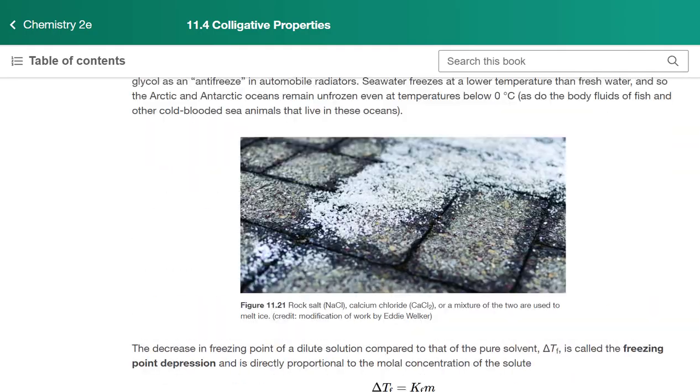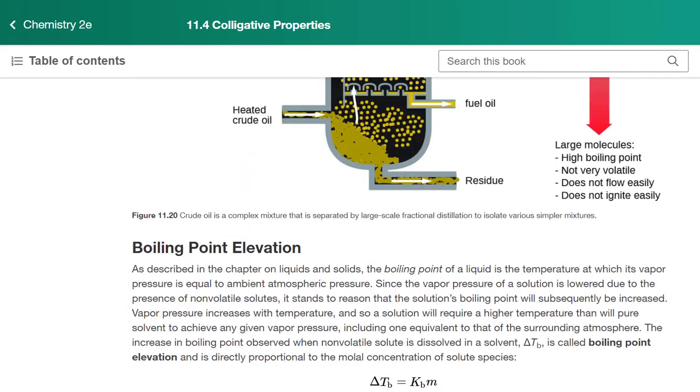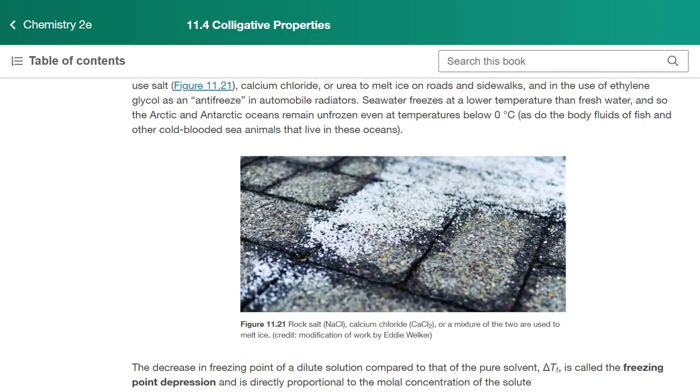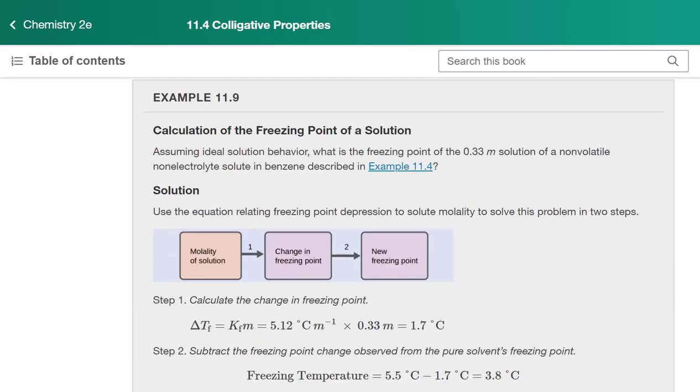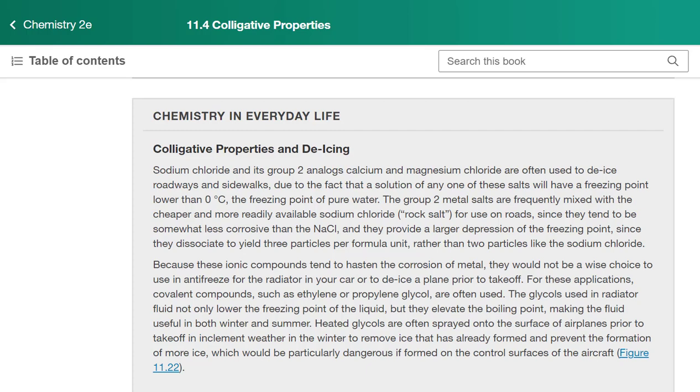One application we can talk about that you would be familiar with, more from the boiling point elevation aspect, but it also plays a role in freezing point depression, is your engine coolant. And we did an example of that in the previous video in terms of doing a calculation. And I said, well, we'll talk later about why ethylene glycol is important.